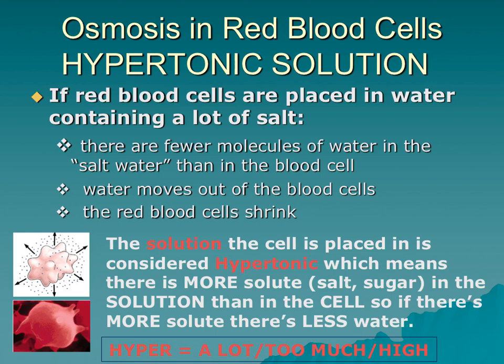So we just want you to have an overall understanding of these solutions that we've been talking about. When we're talking about a hypertonic solution, this is where osmosis occurs, okay? That's why we're bringing it up. We're not trying to throw in extra vocabulary, I promise.